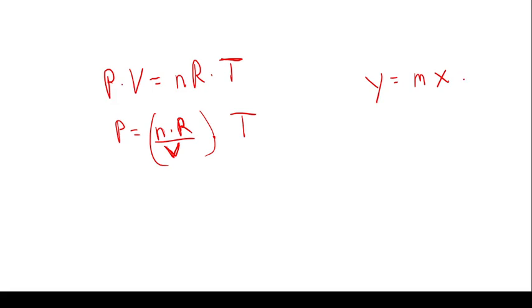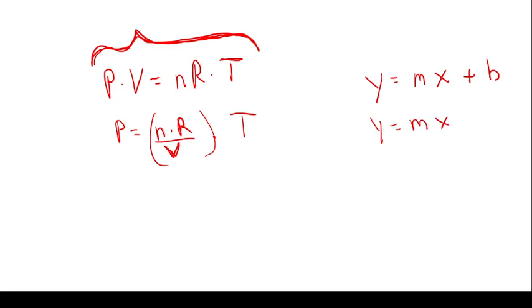Although we will see a y-intercept because, remember, the ideal gas law assumes that you're using a temperature in Kelvin, or in some sort of absolute temperature scale. But we are not using an absolute temperature. We're using Celsius, and in Celsius you can go negative, and that's why we're actually going to see a y-intercept here. So we'll have y equals mx plus b, rather than just y equals mx, as this equation looks like.